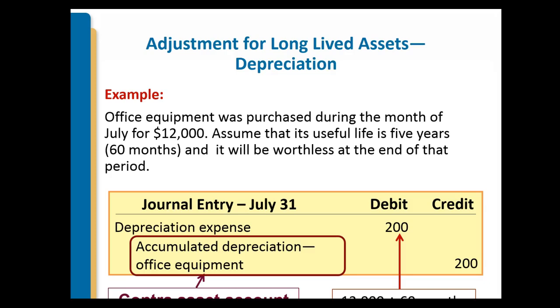So the purpose of this account is to keep the original cost of the asset intact while reducing it indirectly. In the balance sheet, office equipment is reported net of accumulated depreciation. After this entry is recorded and posted to the ledger accounts, the accumulated depreciation account will have a credit balance of $200, and the depreciation expense account will have a $200 debit balance.